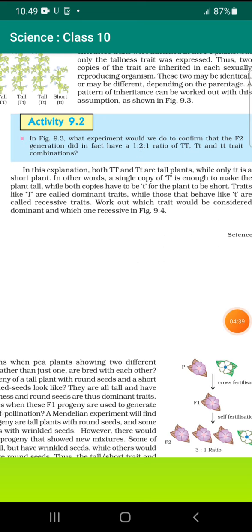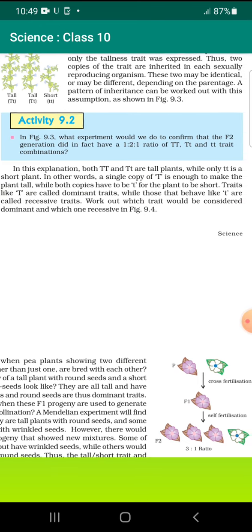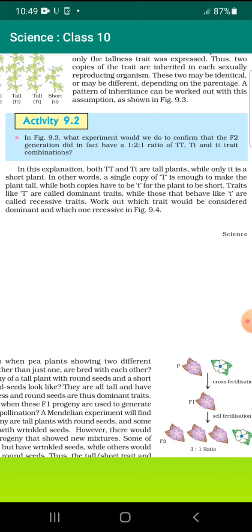In this explanation, both TT and Tt are tall plants, while only tt is a short plant. In other words, a single copy of T is enough to make the plant tall, while both copies have to be t for the plant to be short.